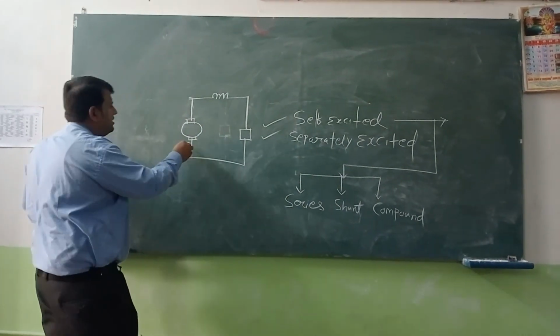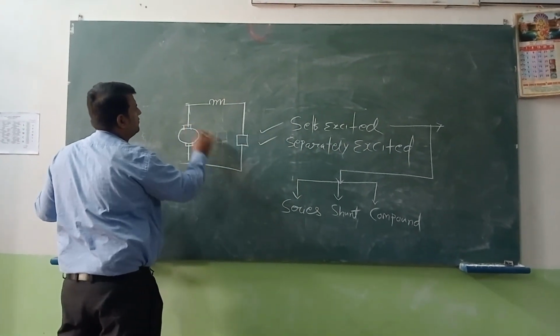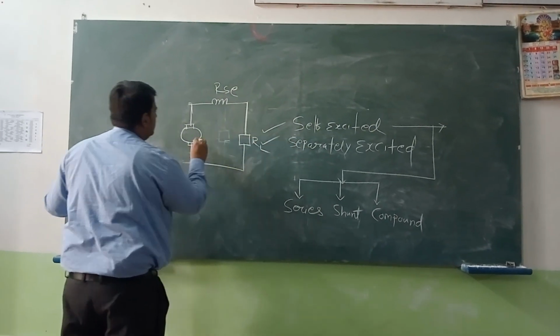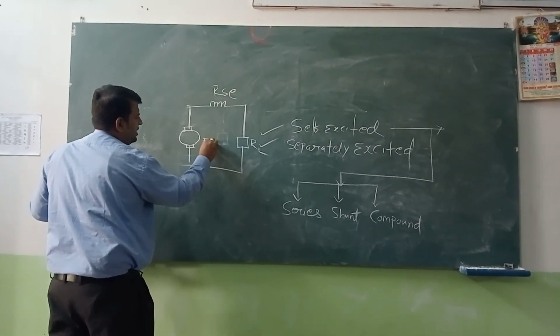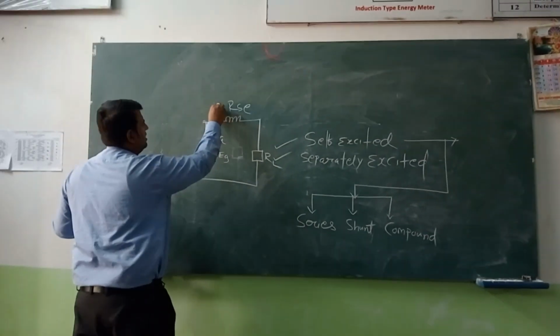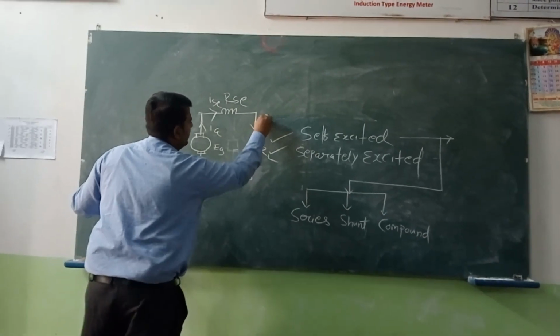So here is the EMF equation of the series generator. This is RSC. This is RL. Here EG is the generated EMF, and here the current is IA. Here ISC, and this is IL.